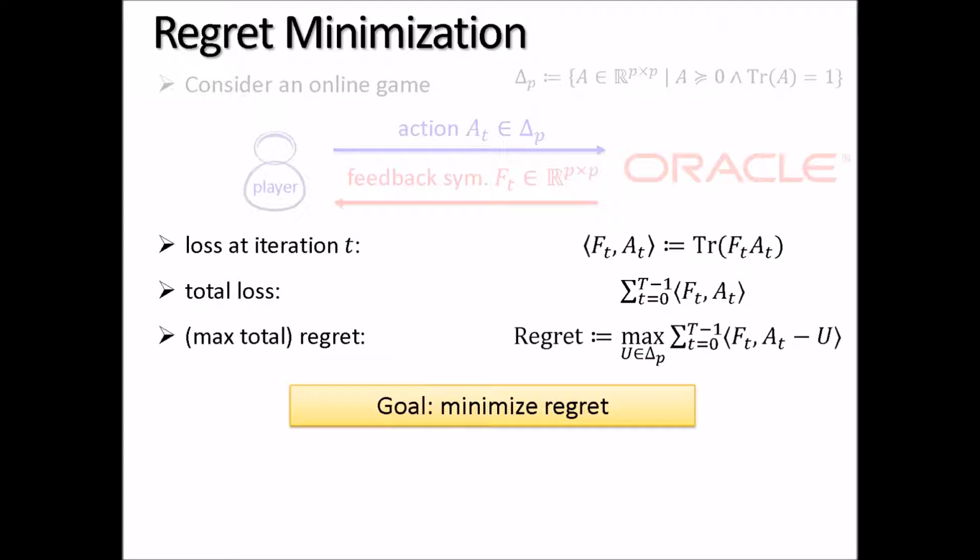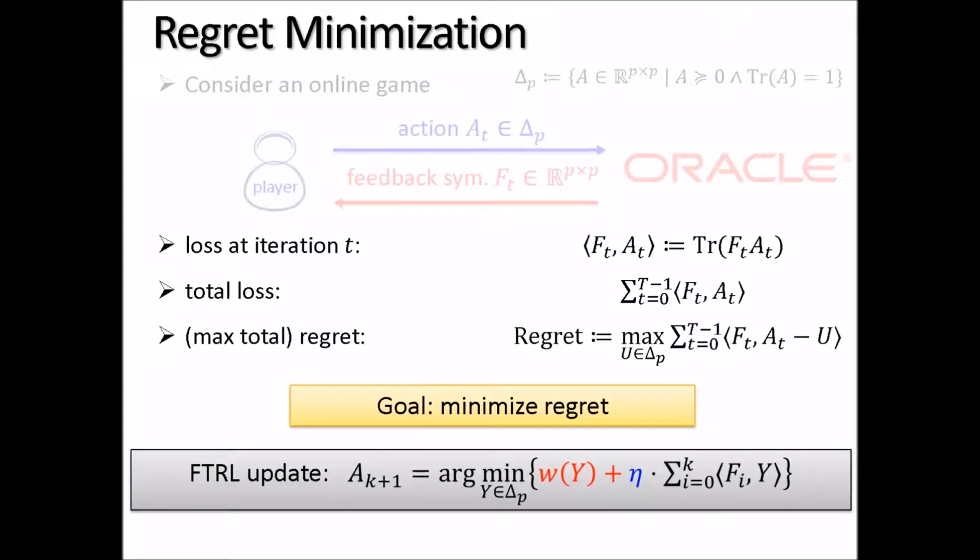A very famous strategy that we're going to adopt today is the so-called follow the regularized leader strategy. That is, in each iteration, say k+1, the player tries to minimize the following objective: a regularizer of the strategy, plus a positive learning rate eta times the loss he or she would have paid on the previous rounds if playing matrix Y. If we don't have the regularizer, this is the so-called follow the leader strategy, where the player just plays the best strategy against all the previous iterations.